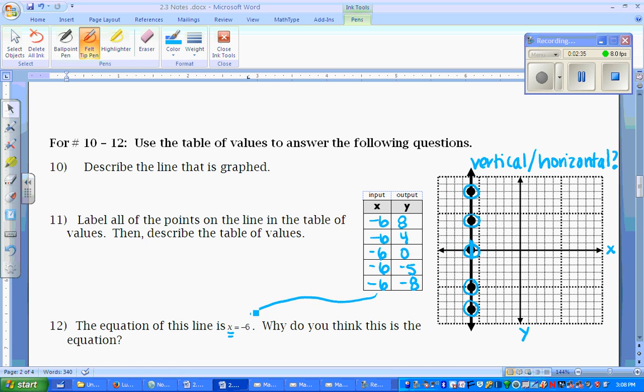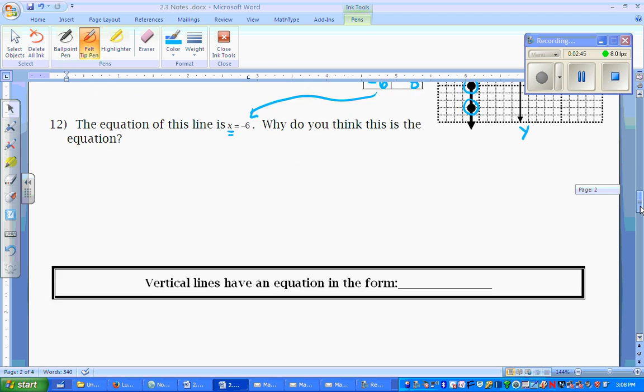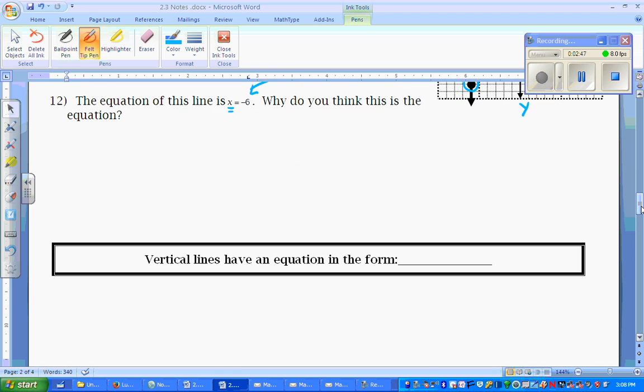All of these points have an x value of -6. Again, it passes through the x-axis at -6, so we have an equation of the line. So vertical lines, up and down, always have an equation of the form x equals a constant number.